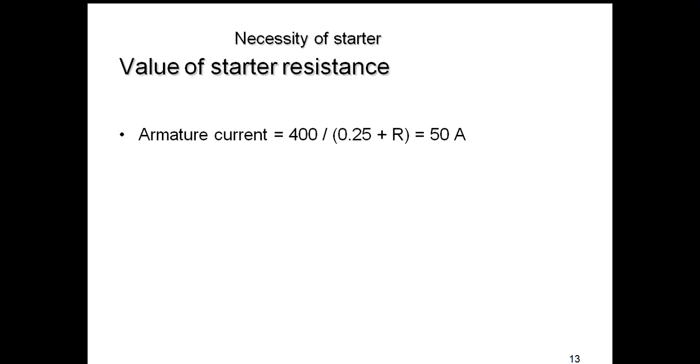The armature current is equal to 400 by 0.25 plus R. R means R is the resistance to be introduced, which is equal to 50 amps. This is the full load current.